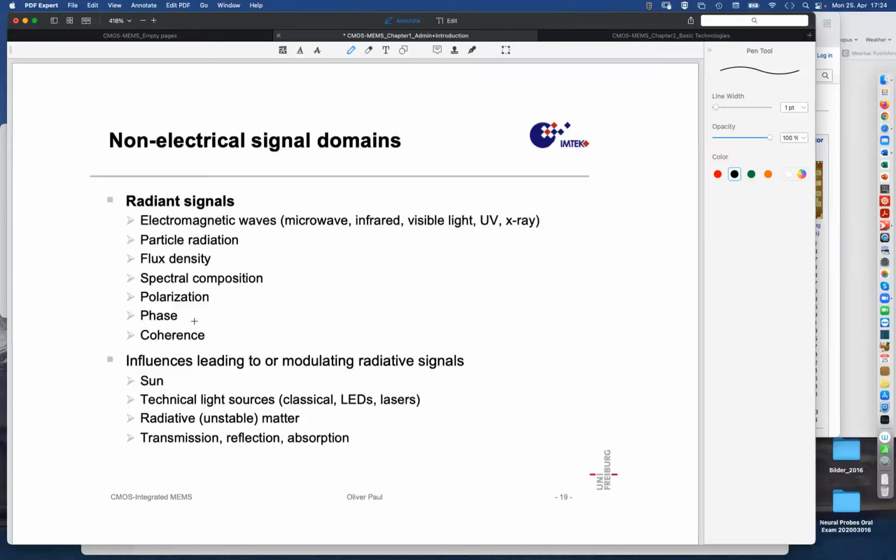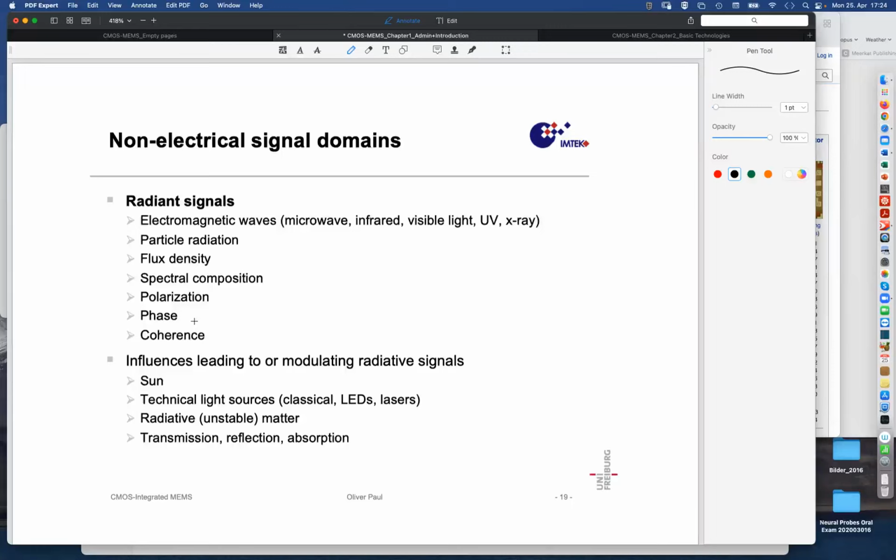Detecting light with semiconductors is easy. Light is absorbed. It produces voltages, photoelectric voltages, photovoltaic in PN junctions, or it modulates resistors. And so detecting light is not difficult.